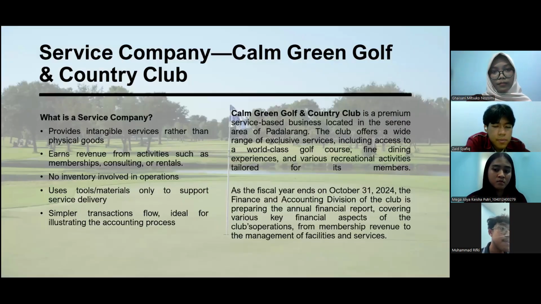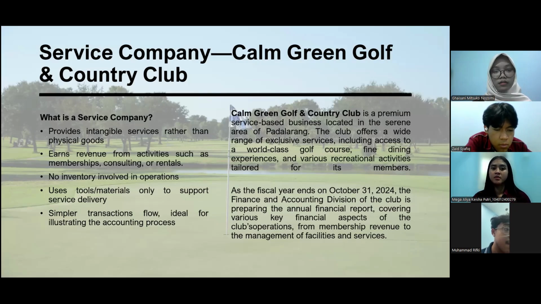Next, the service company, Green Golf and Country Club. What is a service company? A service company provides intangible services like membership or consulting. There's no inventory and transactions are usually simple.